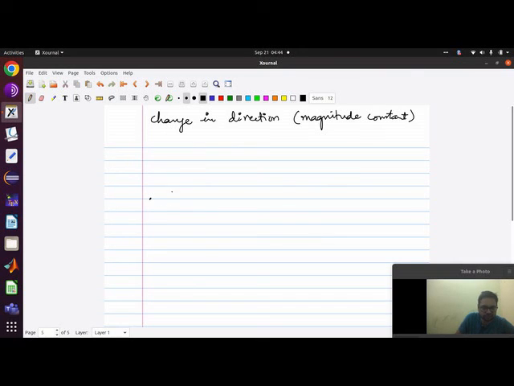Then you have the vector P of t here. After some time, P of t plus delta t.